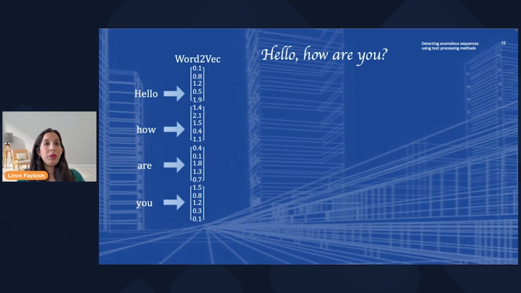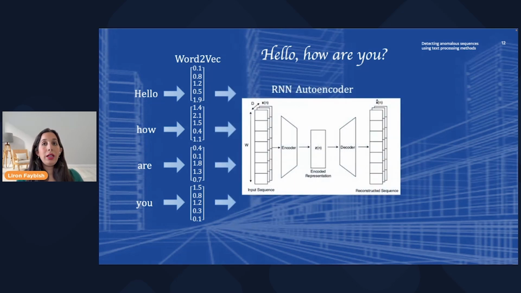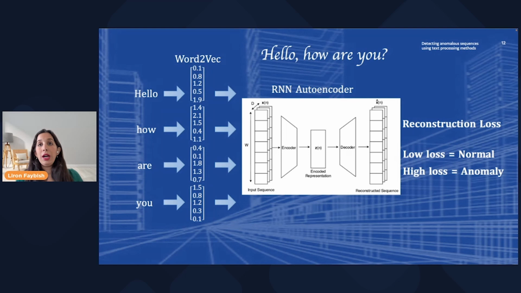These sequences of vectors are then fed into the trained RNN autoencoder, into the encoder and the decoder layers, and at the end, we have the reconstruction loss. If its value is high, it's an anomaly, and if it's low, it's normal. In this case, since the sentence looks perfectly fine, the reconstruction loss should be low.